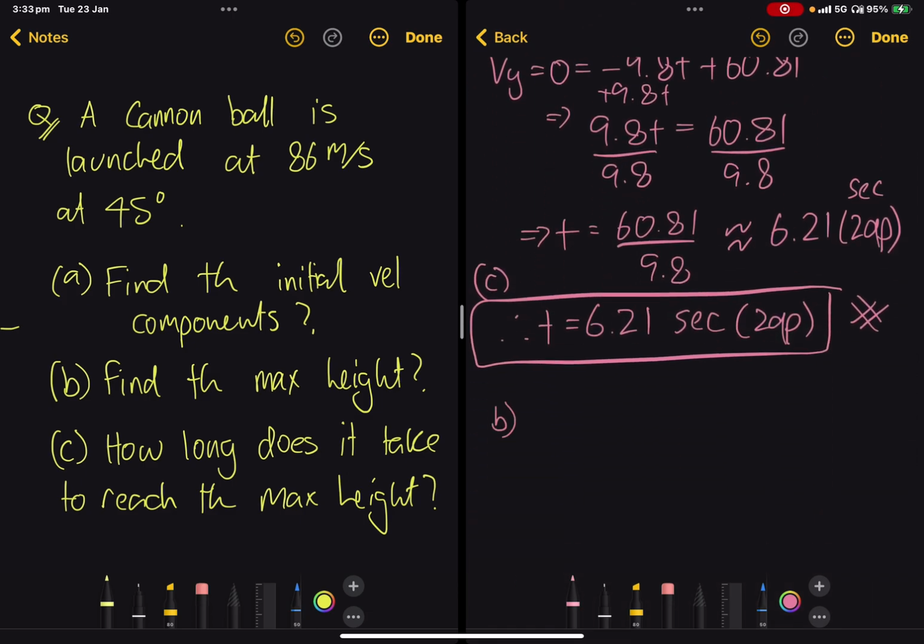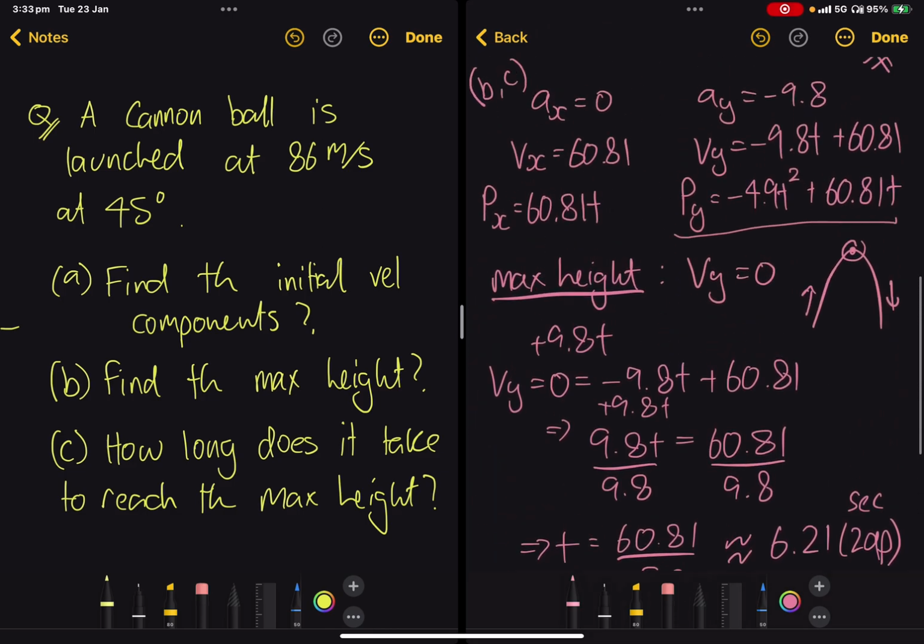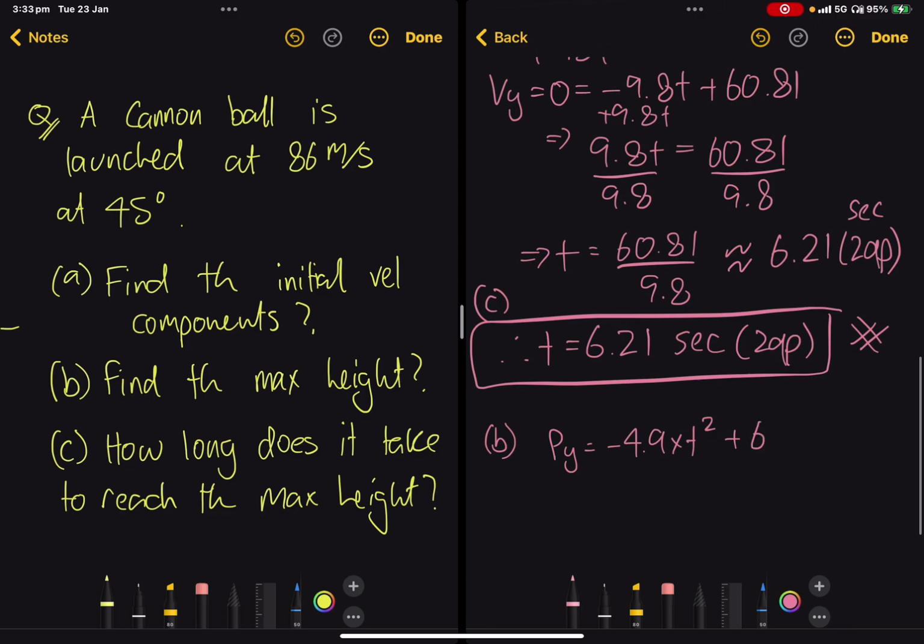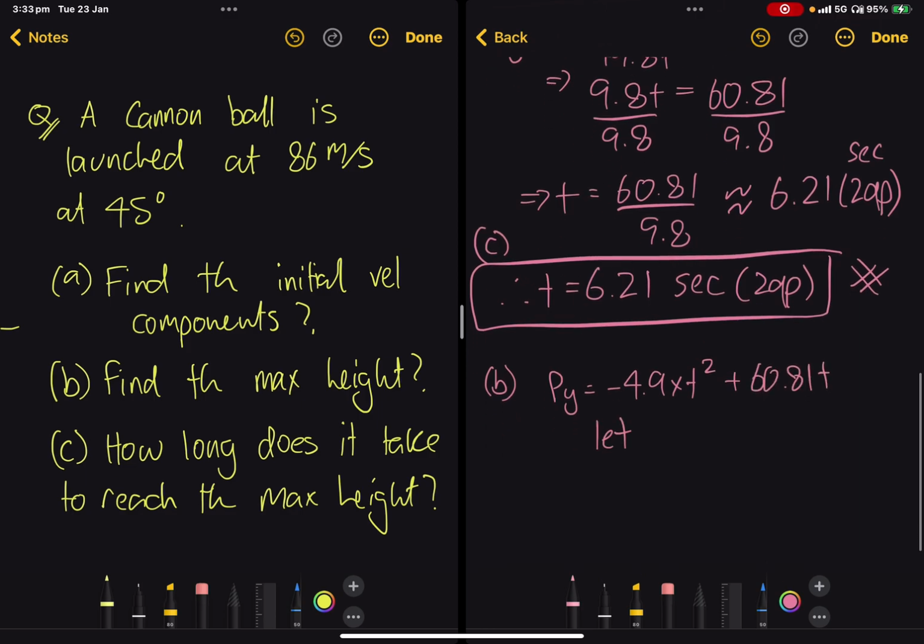So for B, the position in y we said was minus 4.9 times time squared plus the initial velocity in y times time, 60.81 times time.